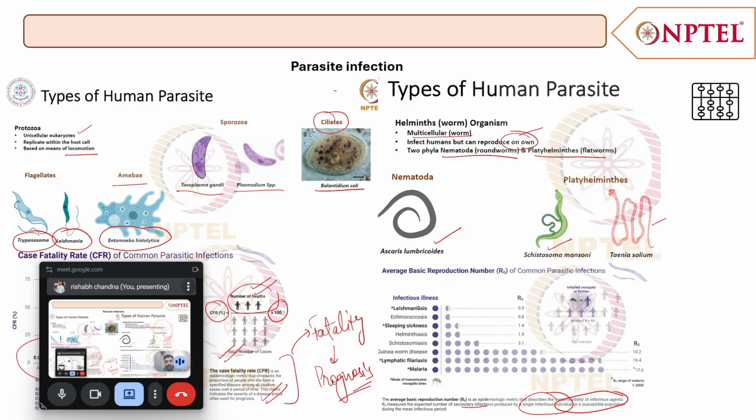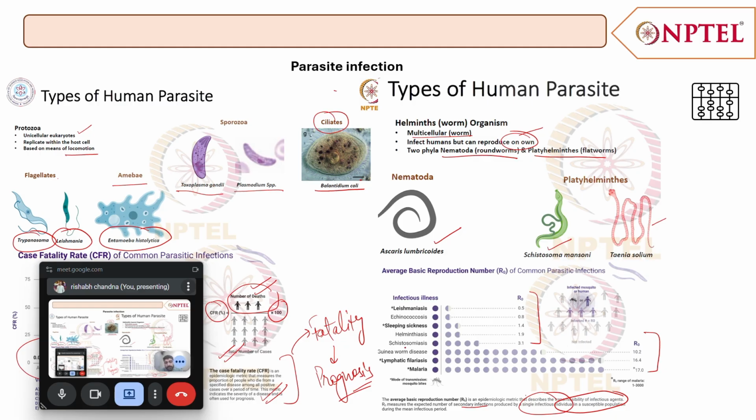So in that case, leishmaniasis, echinococcus, sleeping sickness, helminthiasis, and schistosomiasis have a very low R naught. But in case of guinea worm disease, lymphatic filariasis, and malaria, the R naught is typically high, that is more than 10.